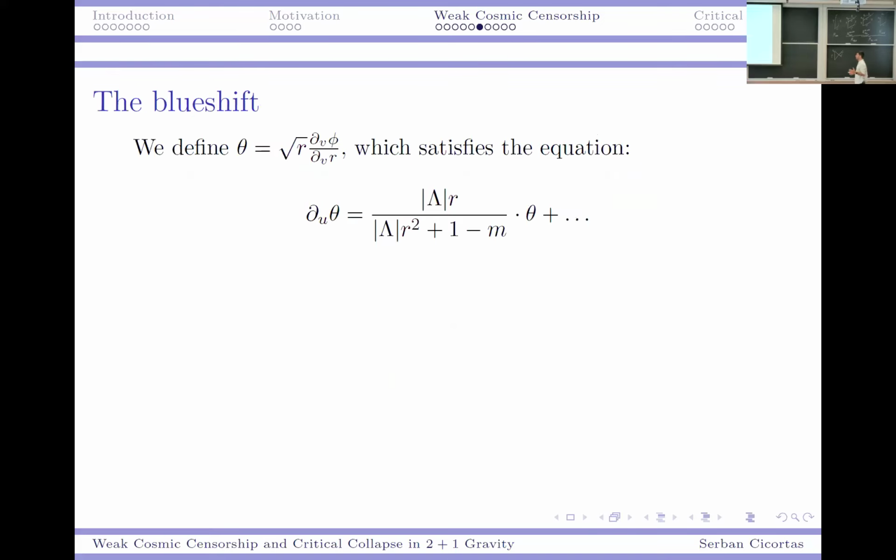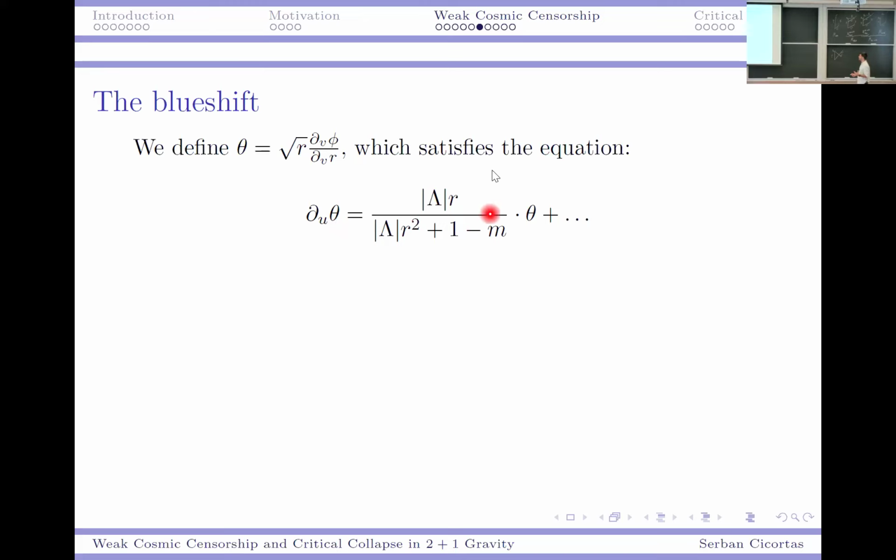A key role in proving this result is the blue shift. This is something that I'm sure you've heard of, but I want to show you how it arises because it's very natural. For this, I'm going to look at theta, which is a renormalized outgoing derivative of the scalar field. Square root r is very natural in 2+1 dimensions, and then this is just d_v phi divided by d_v r. The wave equations for phi and for r imply a d_u equation for theta.